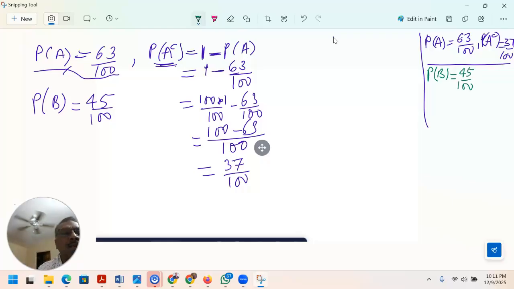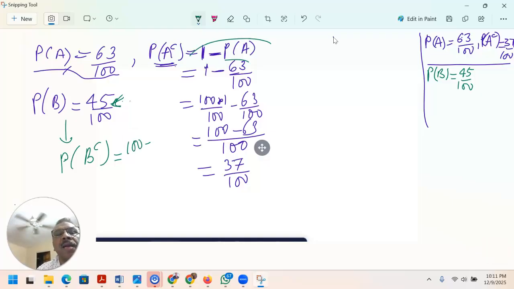Then, what is the chance that the student is not an Instagram user? B complement means not an Instagram user, and 45 out of 100 are Instagram users. So by common sense, you can say 100 minus 45. You can use the same idea here.